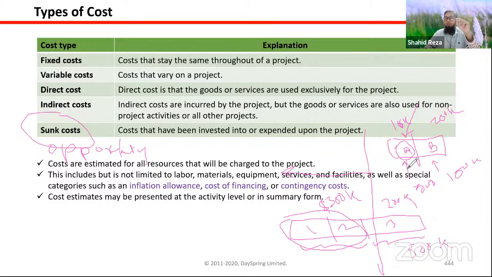Then the opportunity cost will be the 100K that they were not able to gain because of the constraint or decision from management. So the opportunity they lost, the cost of that, is known as opportunity cost.